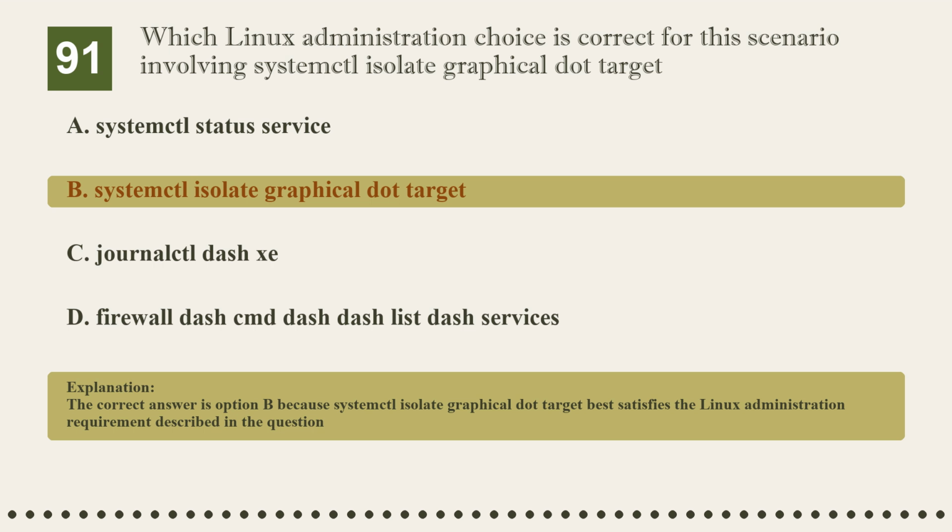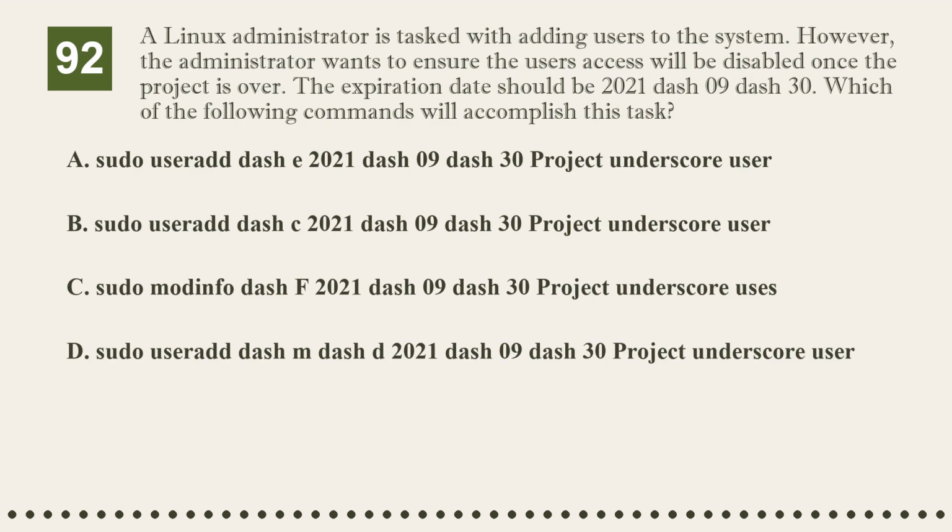Question 92. A Linux administrator is tasked with adding users to the system. However, the administrator wants to ensure the user's access will be disabled once the project is over. The expiration date should be 2021-09-30. Which of the following commands will accomplish this task? Option A. sudo usermod -e 2021-09-30 project_user. Option B. sudo usermod -c 2021-09-30 project_user.